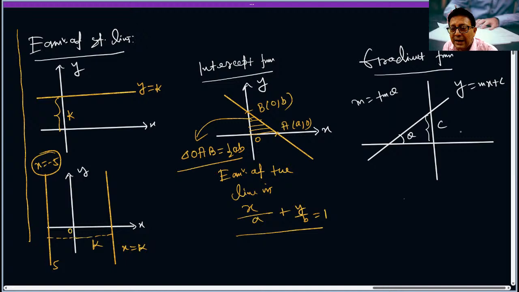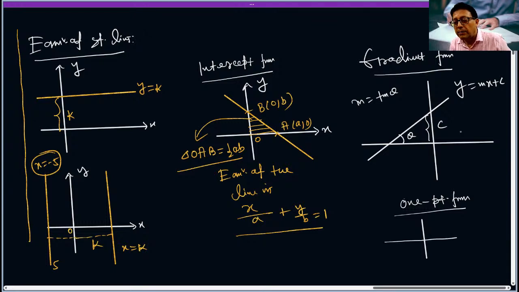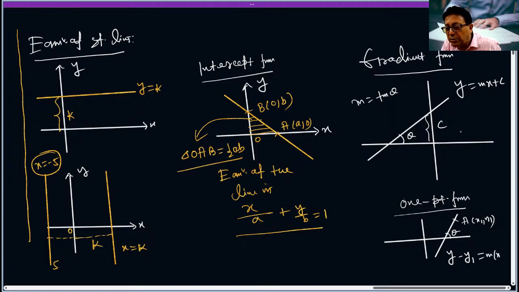Remember this? And then there is one point form. Line passing through a given point and having slope m. Tan theta equal to m and it is passing through a given point x1 y1. Equation will be y minus y1 equal to m into x minus x1.